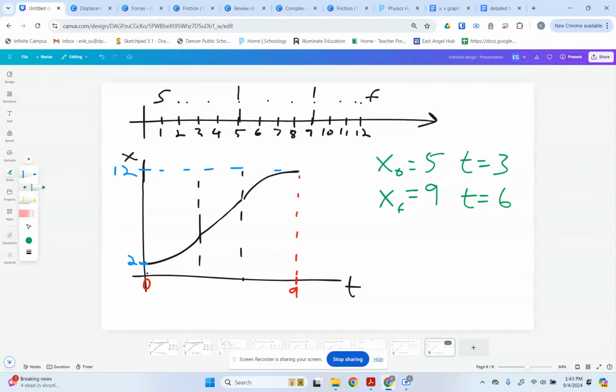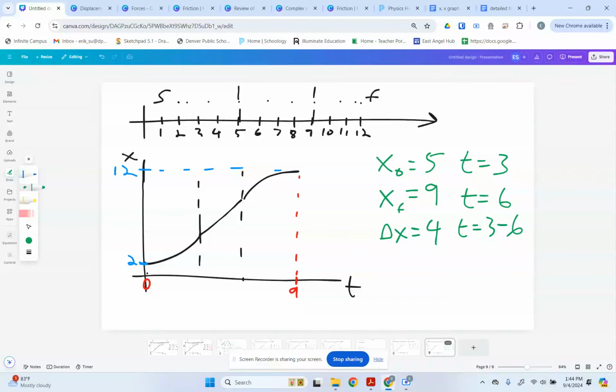In other words, that initial position and that final position are associated with very specific times that they occurred. And so this displacement, which is clearly 4, represents the displacement between 3 and 6 seconds.